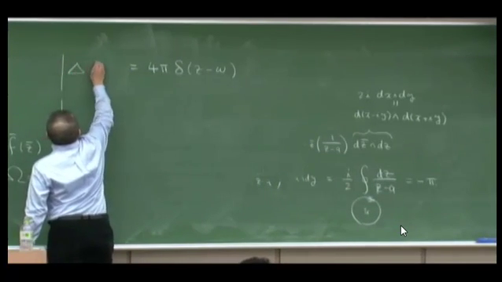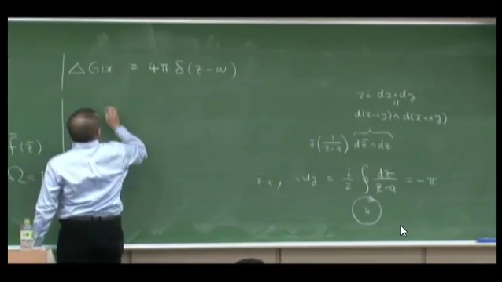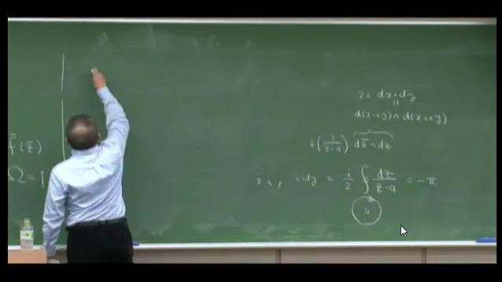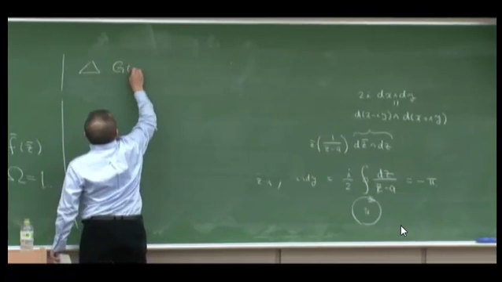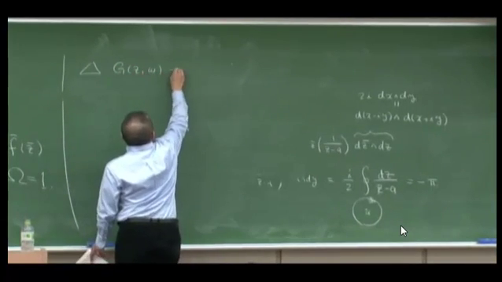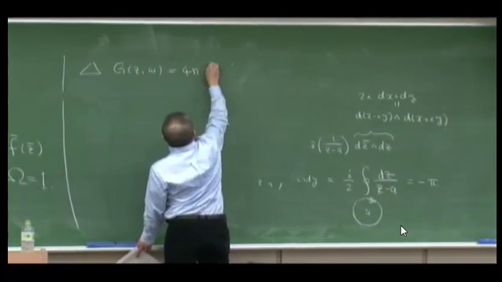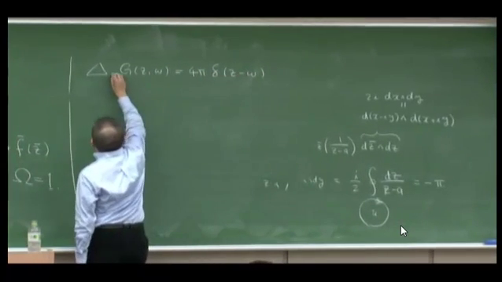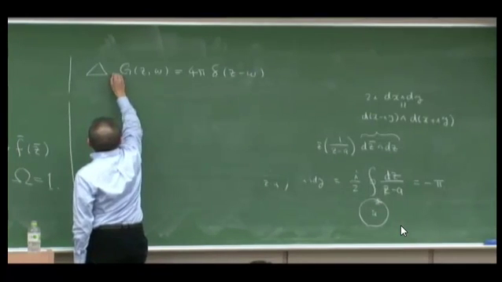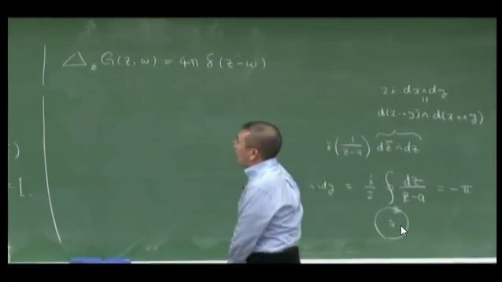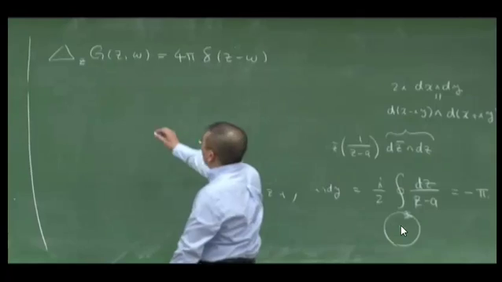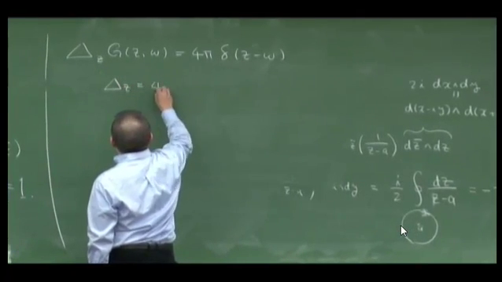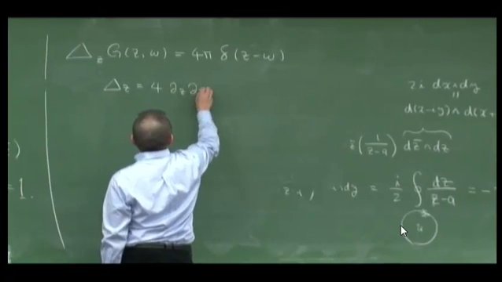So delta of g of z, w is 4 pi delta of z minus w. Suppose we want to solve this equation. To make sure that we know where the delta is acting, let me write z over here. So delta z is equal to 4 times del z del z bar.